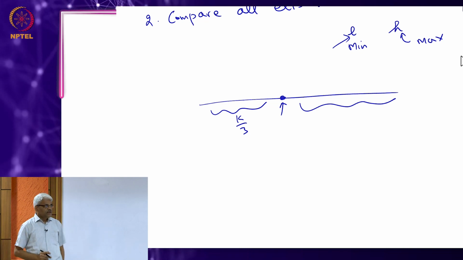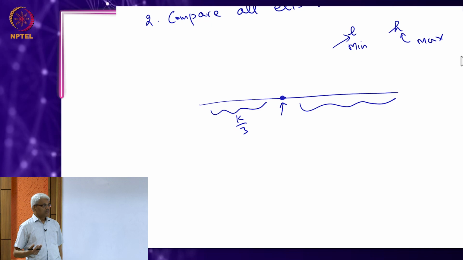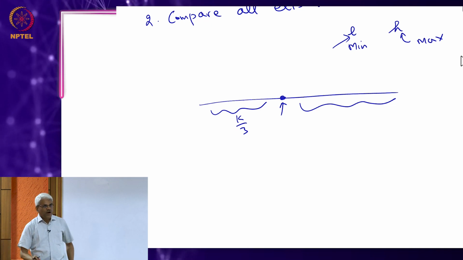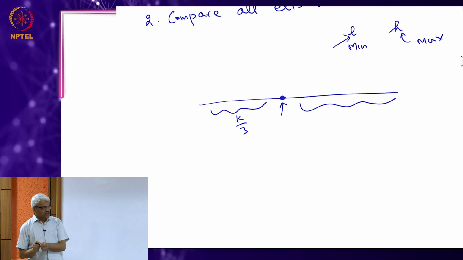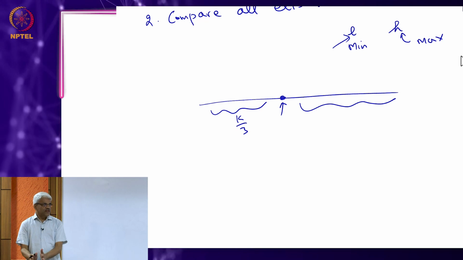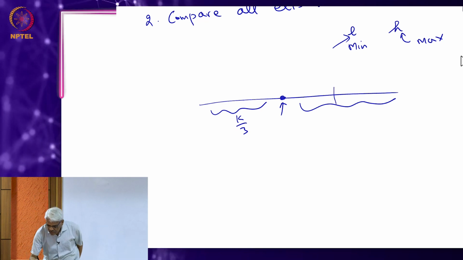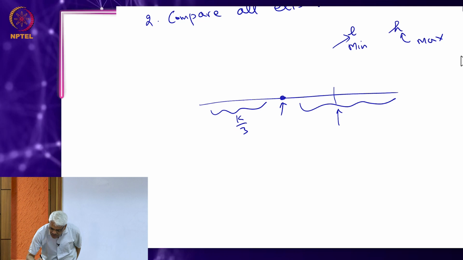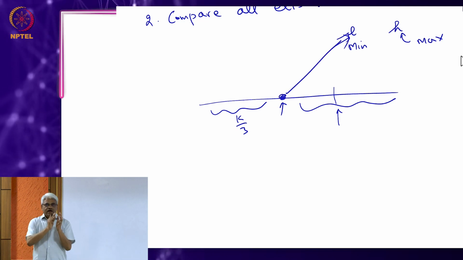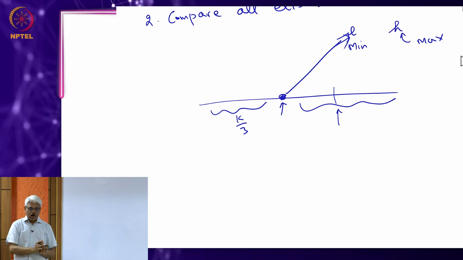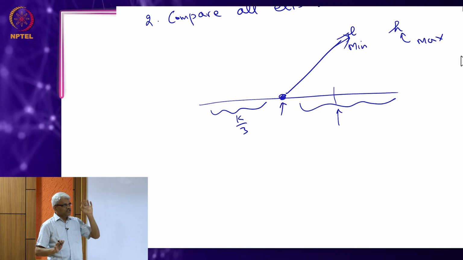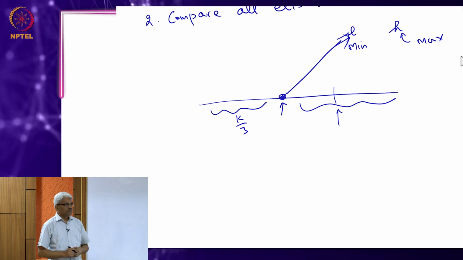Then where is k smallest? On the right. It is bigger than this, and now I have to also update my k. It is not kth smallest. I should look for k minus k by 3, which is 2k by 3 smallest element here. So now I will update my L to this element and say, hey, the kth smallest I am looking for is now bigger than this element.